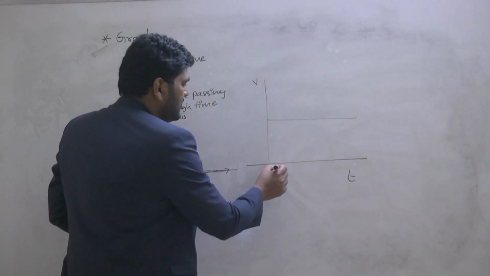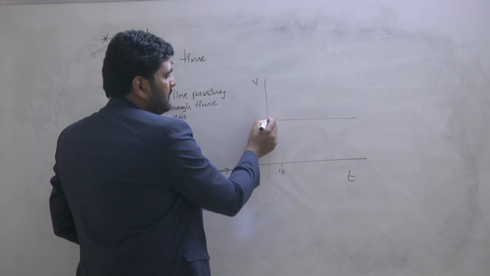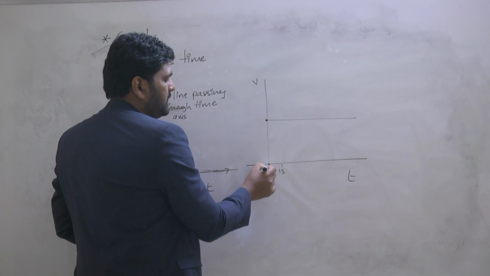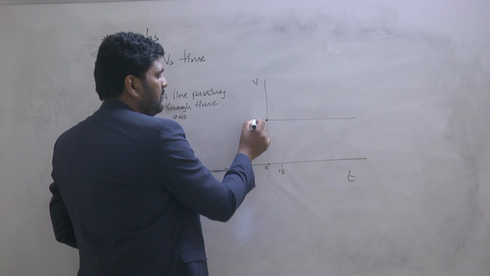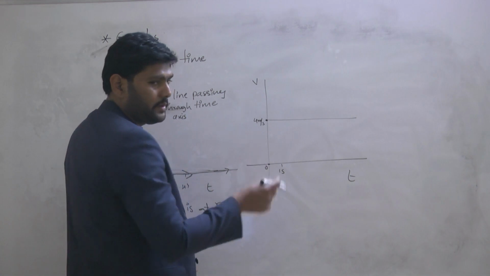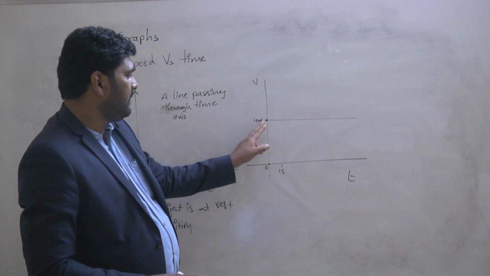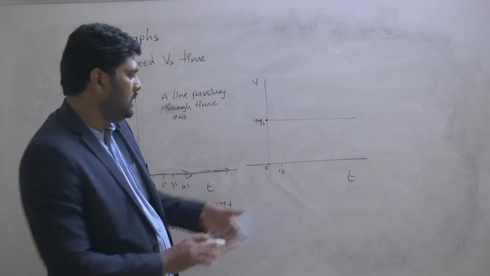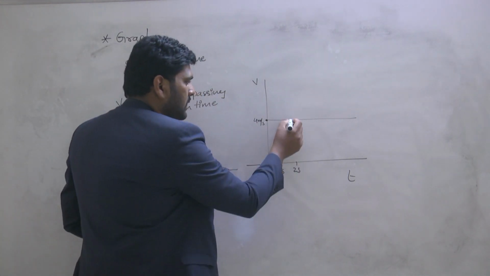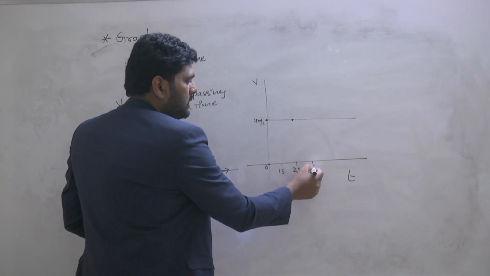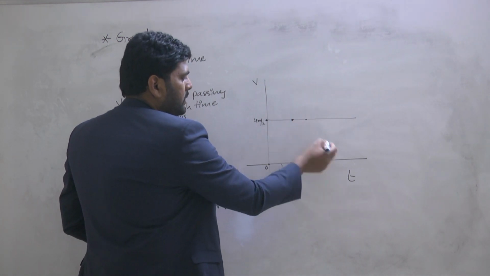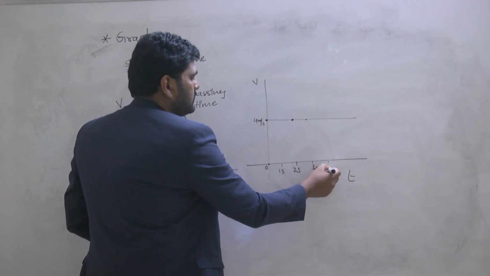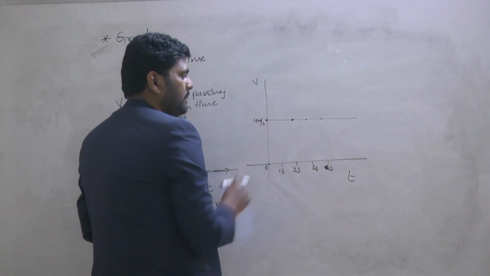Let us take that the object initially, at 0 seconds, has a speed of 4 meters per second. At 1 second also 4 meters per second. Even at 2 seconds it shows 4 meters per second, at 3 seconds also, and at 4, 5, 6 seconds the same 4 meters per second.